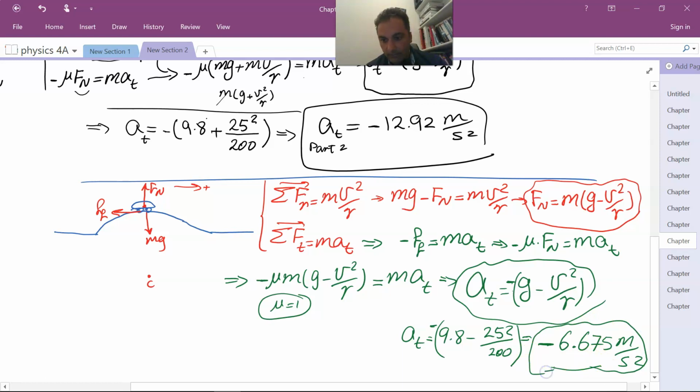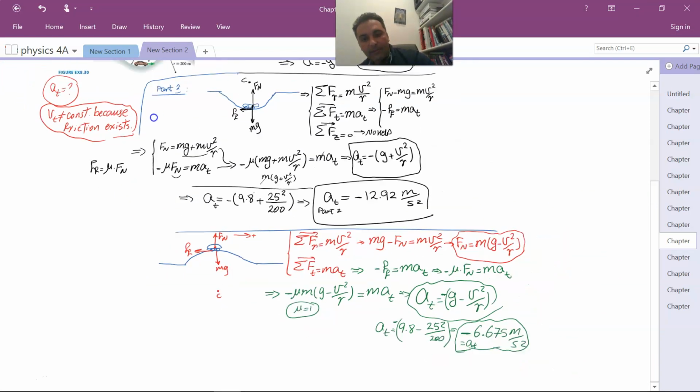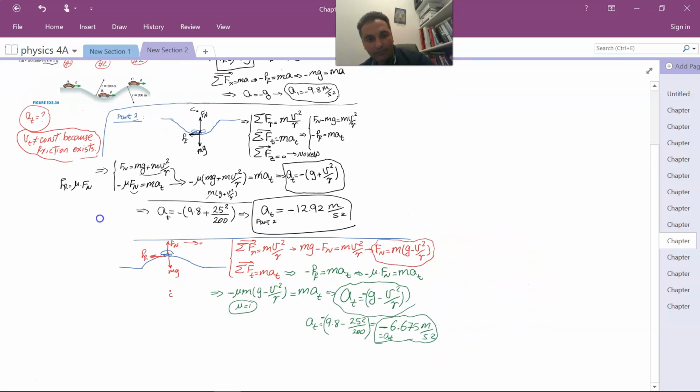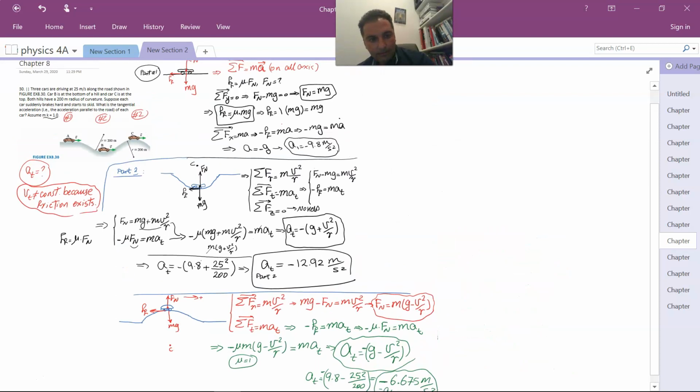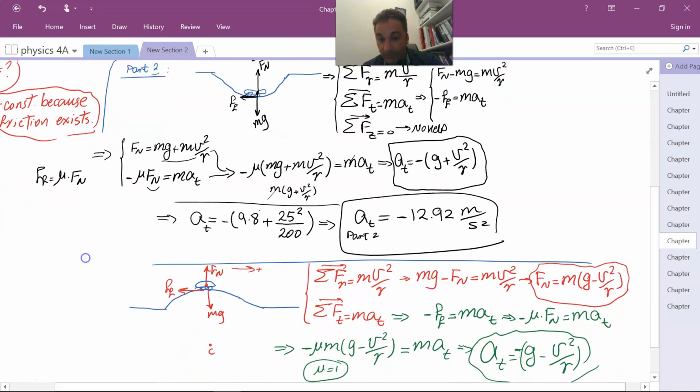So here what we see, it's the same question as the Ferris wheel. When it is flat, your acceleration is 9.8. When you are at the bottom, acceleration is a very big number.